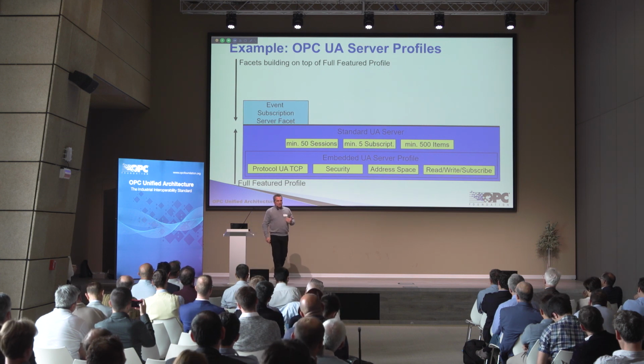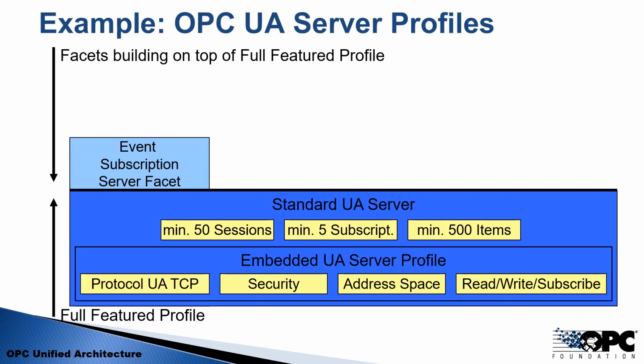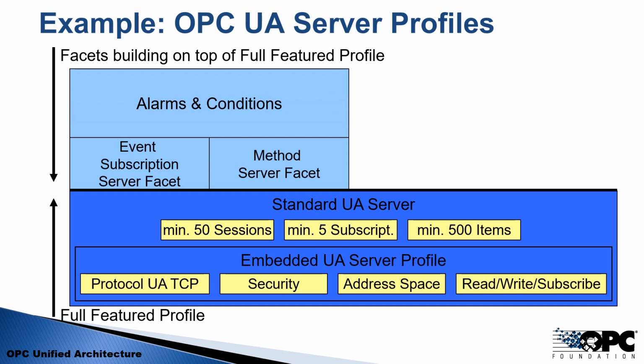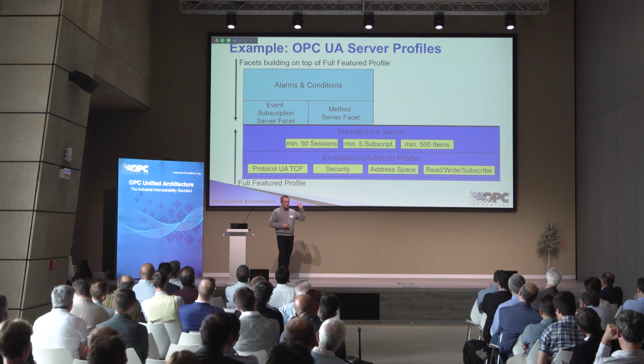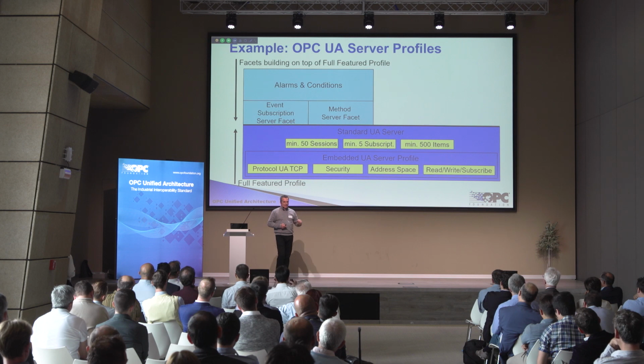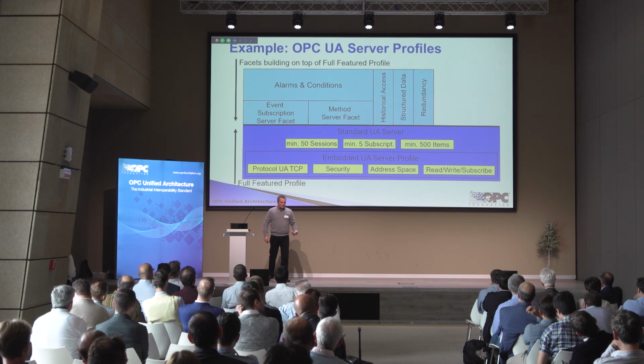And if the server has methods that can be called, for example, an acknowledge method, then the combination of events and acknowledging events gives you the alarms functionality. An alarm is something you can acknowledge. And to do so, you already need the events and the method facet. With those facets, you can extend your server and give it more functionality.